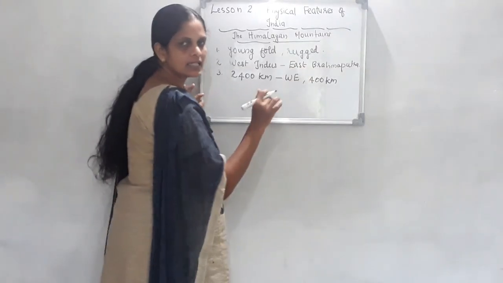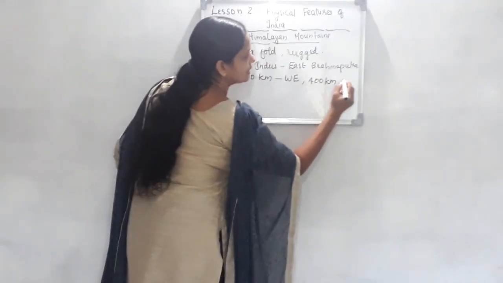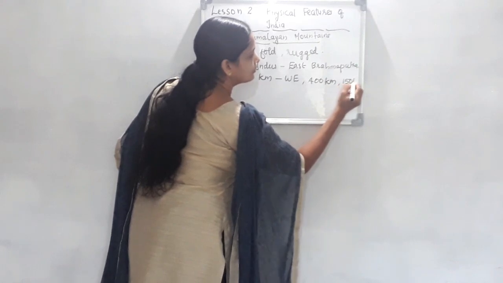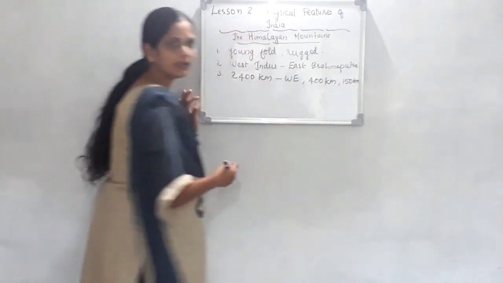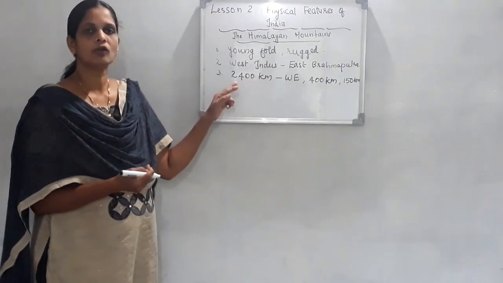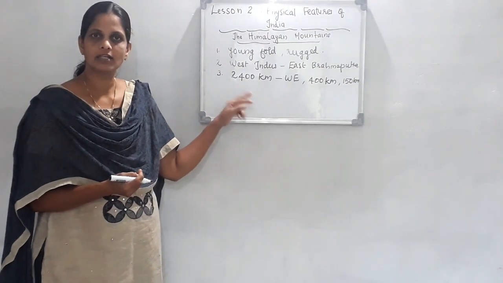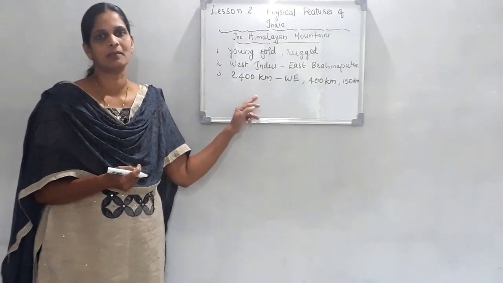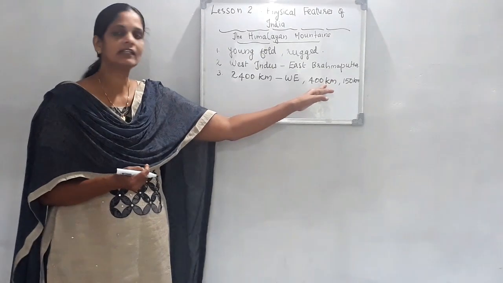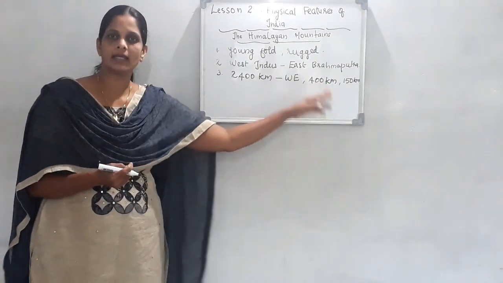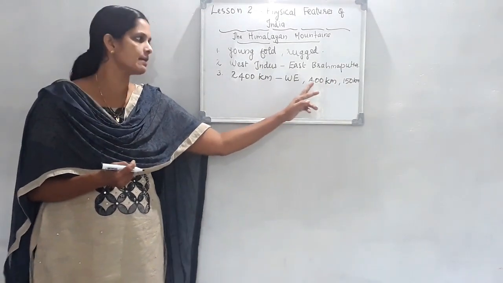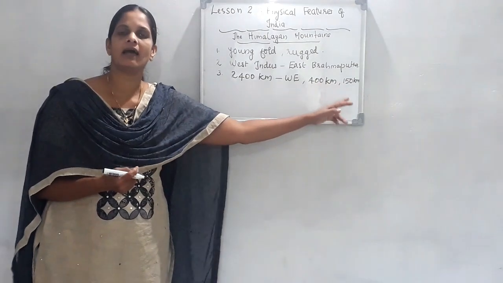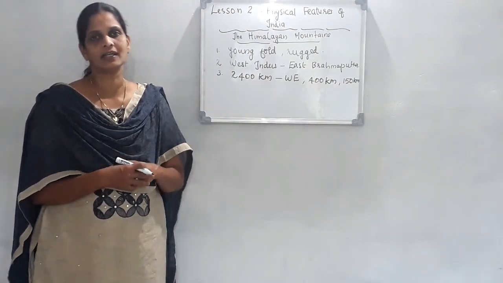But in the eastern state of Arunachal Pradesh, it is only 150 kilometers. So the length is about 2400 kilometers, and the width varies from west to east: about 400 kilometers in the west and about 150 kilometers in the east.